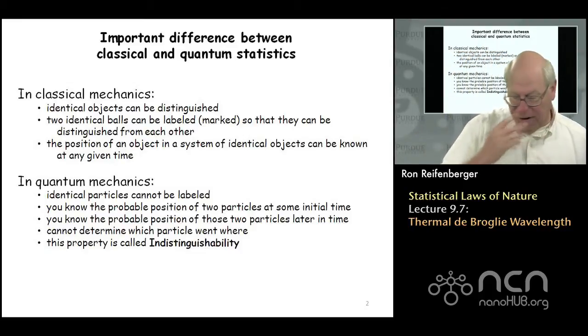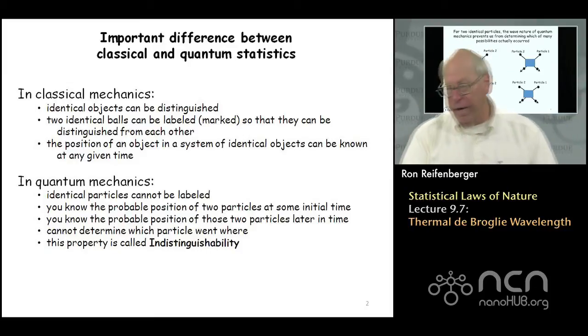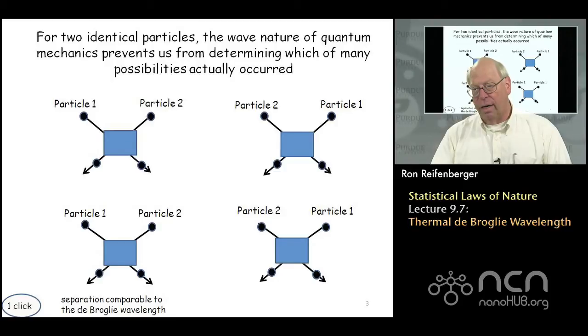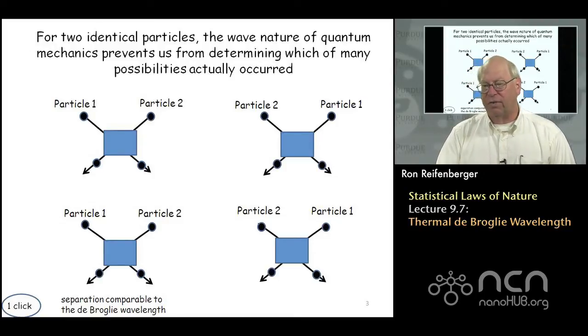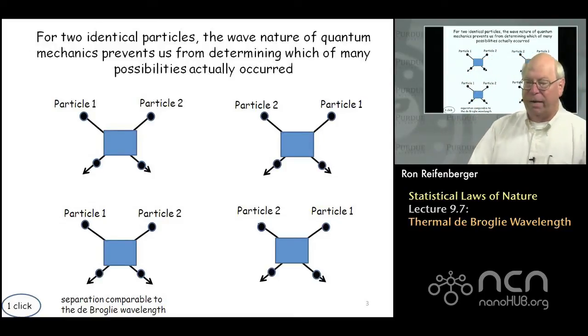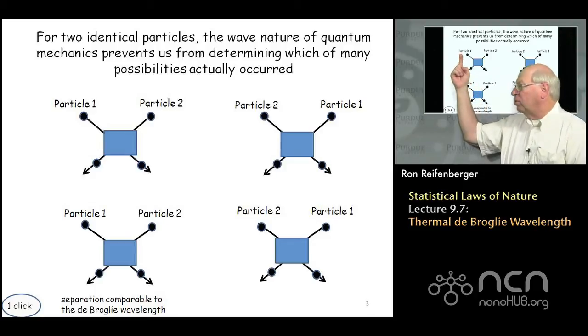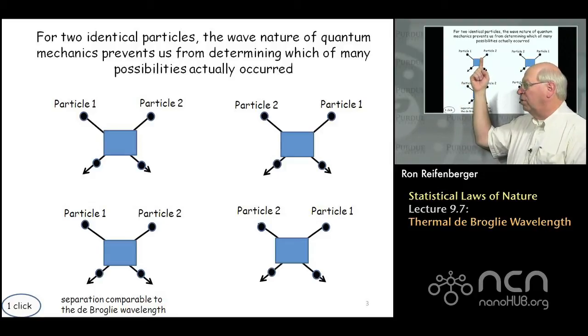The point is that for identical particles, the wave nature of quantum particles prevents us from determining which of many possibilities have occurred. Just to illustrate that, I have two particles, particle 1 and particle 2.